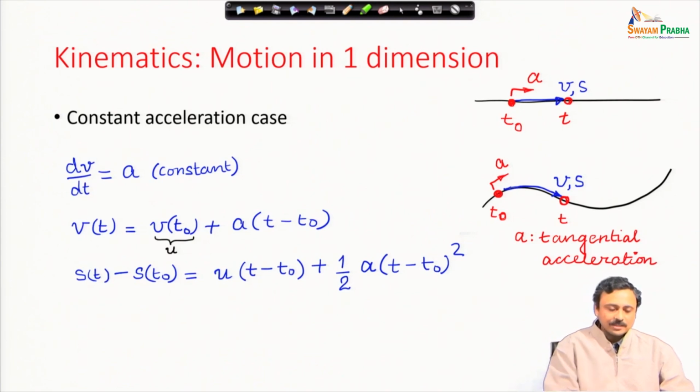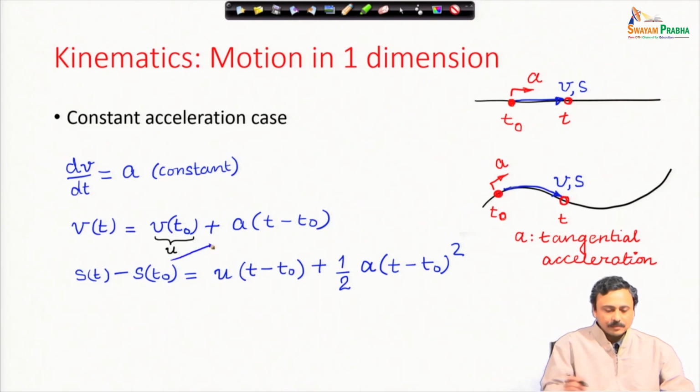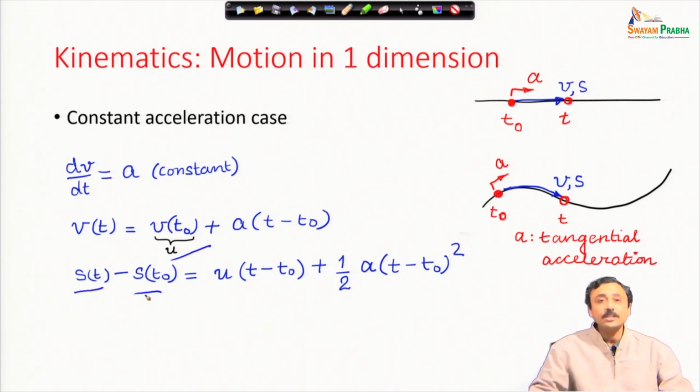If you call this velocity at t0 as u, to shorten the notation, then you can integrate once again to determine the displacement or the distance travelled. The distance at time t minus distance at time t0 is equal to the initial velocity times (t minus t0) plus half acceleration times (t minus t0) whole square.